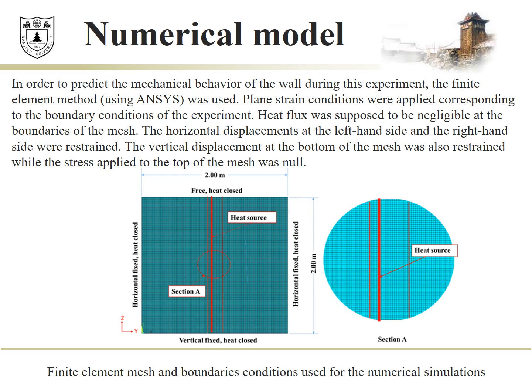Heat flux was supposed to be negligible at the boundaries of the mesh. The horizontal displacement at the left-hand side and the right-hand side was restrained. The vertical displacement at the bottom of the mesh was also restrained, while the stress applied to the top of the mesh was none.